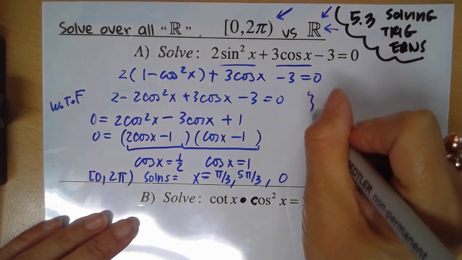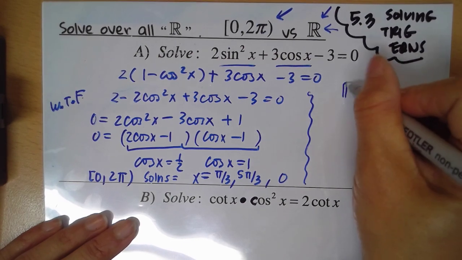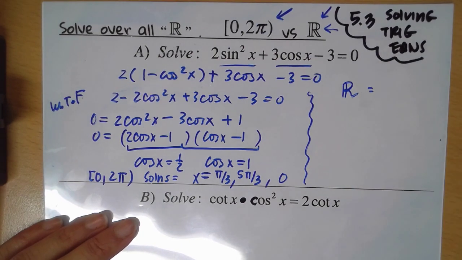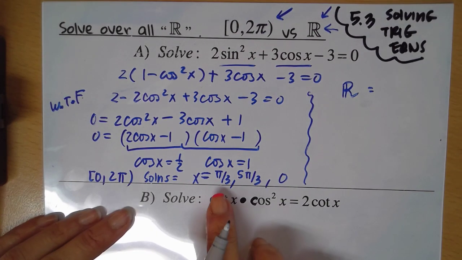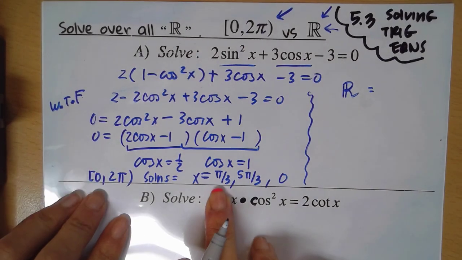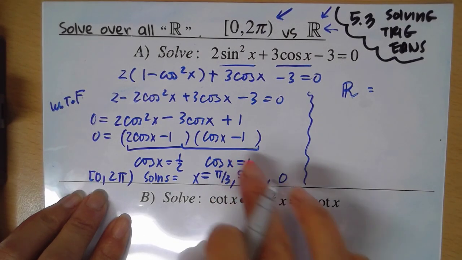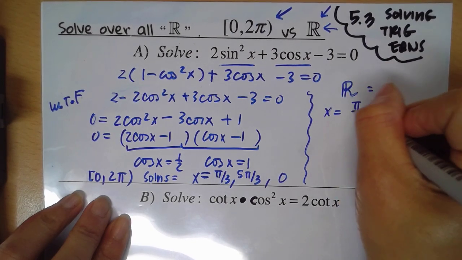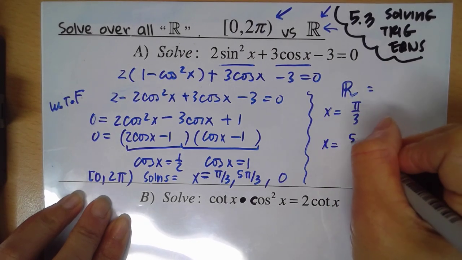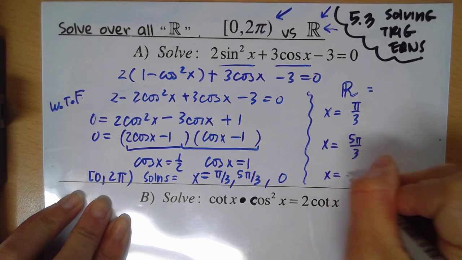However, what if my solutions are over all real numbers? Something's changed because these values will repeat. How often do they repeat? We're going to talk more about that. But for now, we know that cosine is 1/2 at pi over 3 and 5 pi over 3, and cosine is 1 at 0. So we state this: x equals pi over 3, 5 pi over 3, x equals 0.